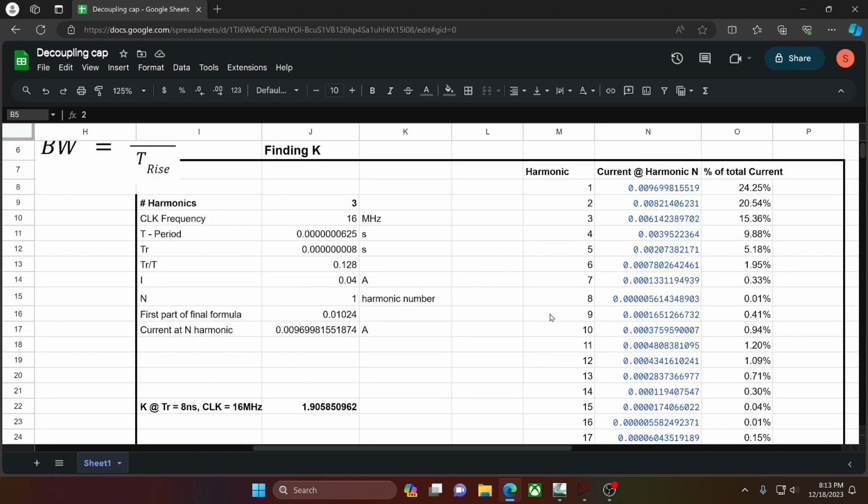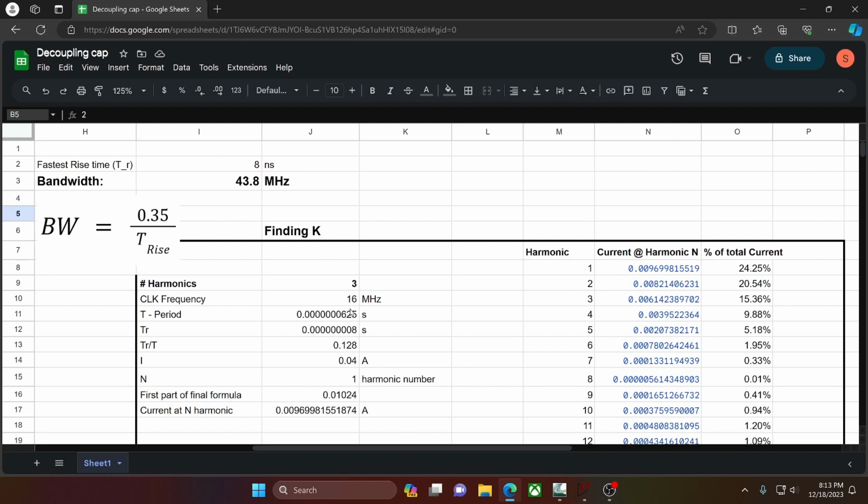And what we found out is that, keep in mind, we have 16 megahertz. You need the third harmonic to get this. And if you look at the first three harmonics, most of the current is in the first three. Everything after that, we just pretend it doesn't exist.